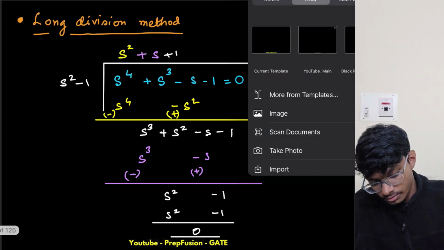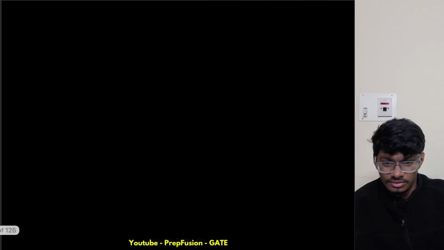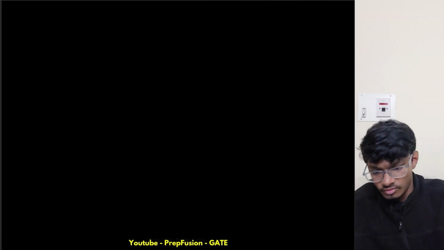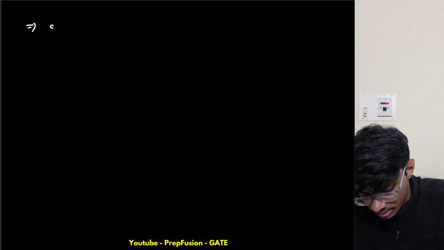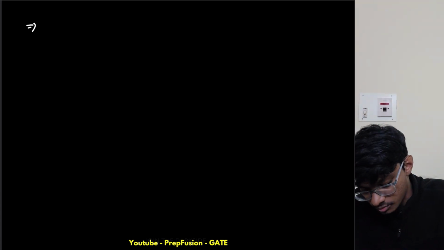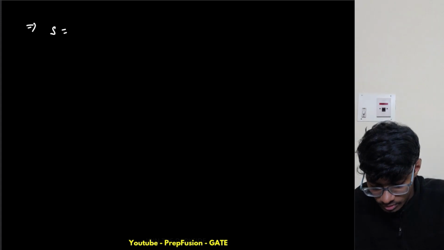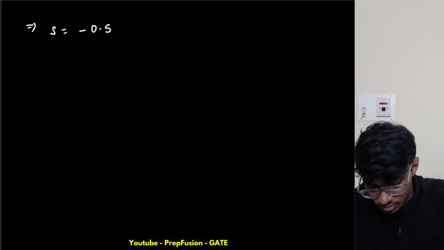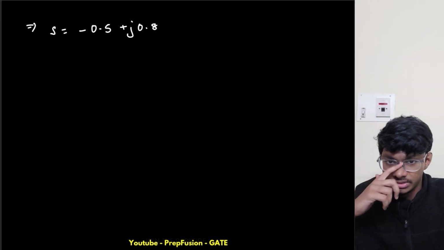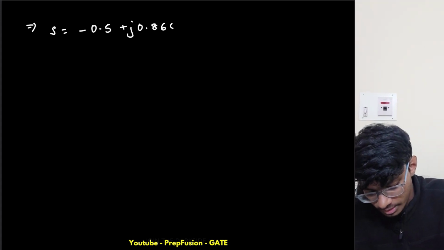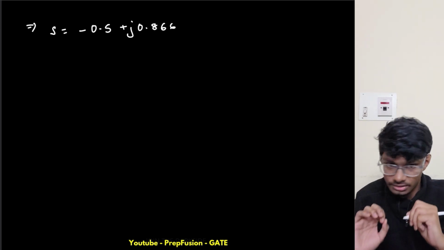I hope you know the roots of this one, else you can simply use the Sridhar Acharya formula, and from there you will find that for s square plus s plus 1, the roots are s equals minus 0.5, that is, minus half plus minus root 3 by 2, 0.866. These are my roots.